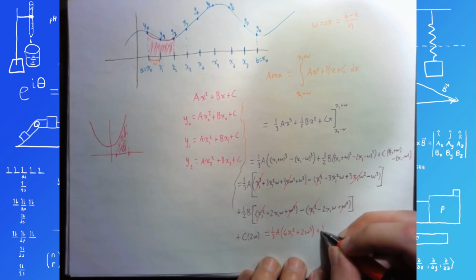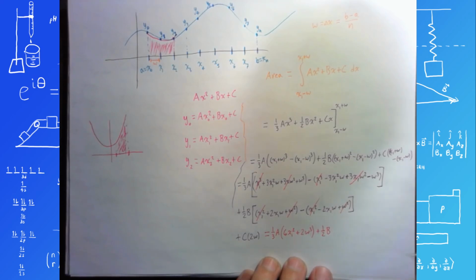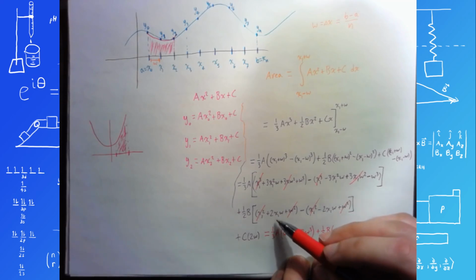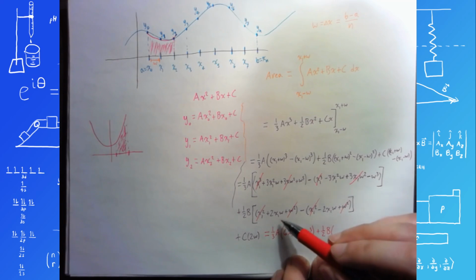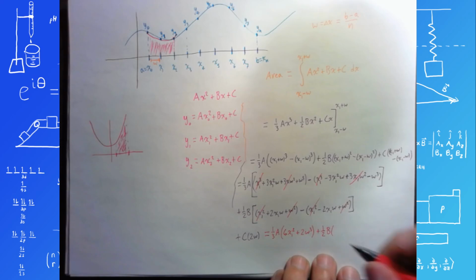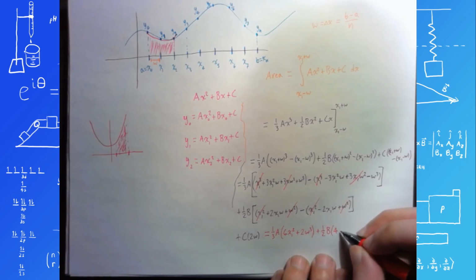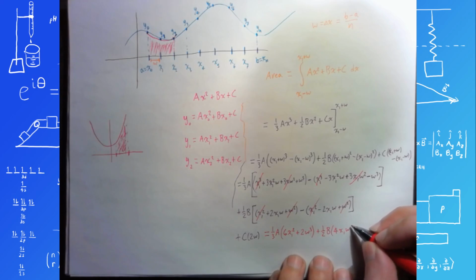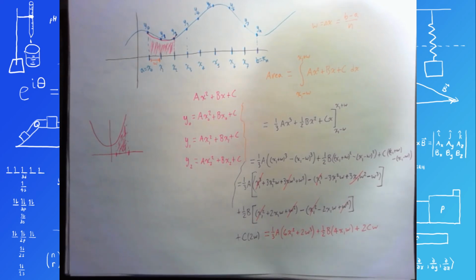And then plus 1/2 b times, let's see, 2x1w minus negative 2x1w, so that's going to be 4x1w. And that's the b section, and then plus, I guess this will be rewritten as 2cw.